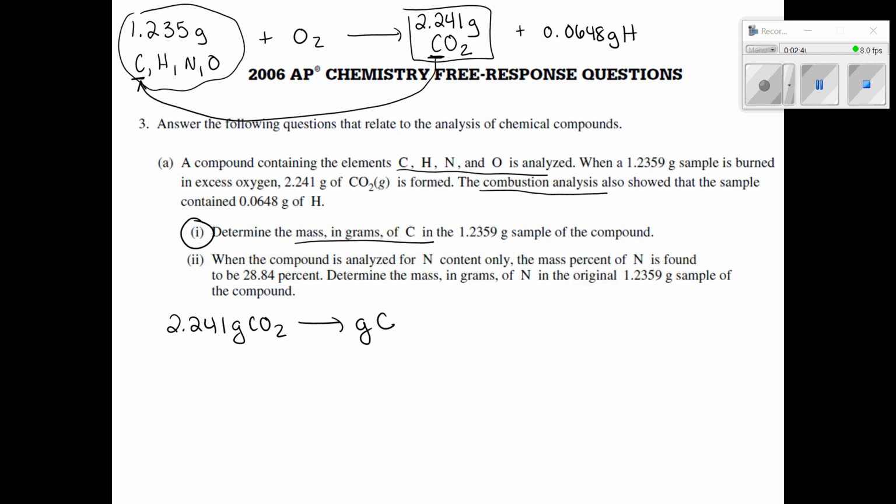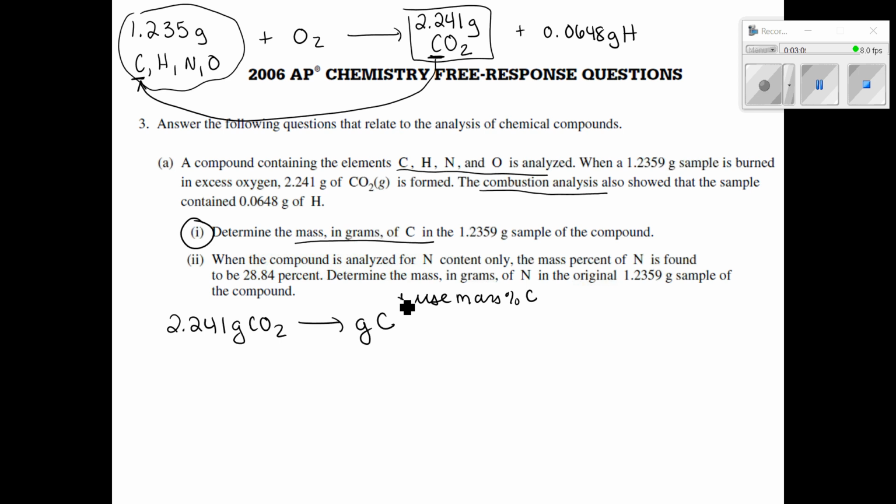So if we can figure out how many grams of carbon were in the carbon dioxide that we collected, we will know how many grams of carbon were in our original sample. And there's two ways that I can think of approaching this. One is that you can use mass percent of carbon. You can calculate what's the mass percent of carbon in CO2 and take that percentage of this number right here.